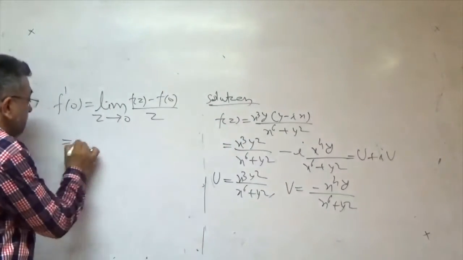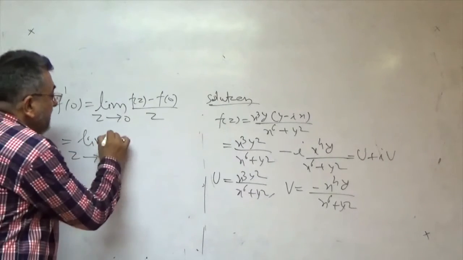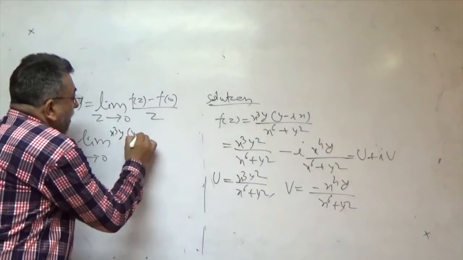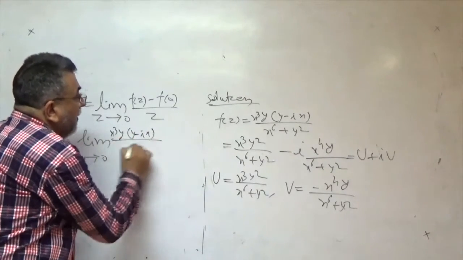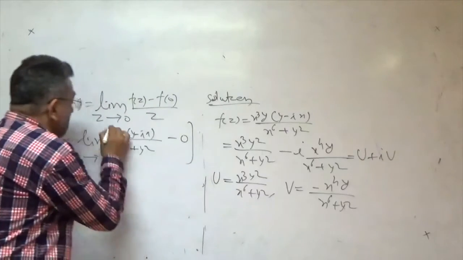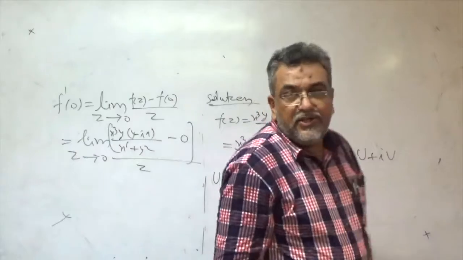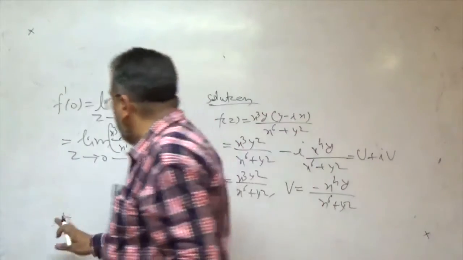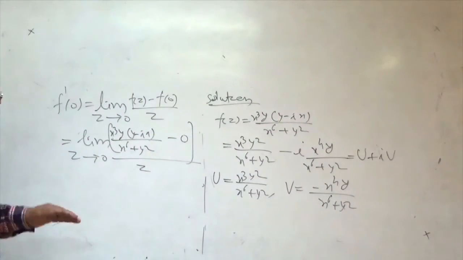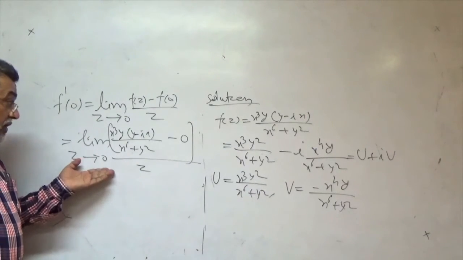So if you substitute, limit z tending to 0, f(z) means x cube y minus ix upon x to the power 6 plus y square, f(0) is given as 0, and upon z. This is your definition.